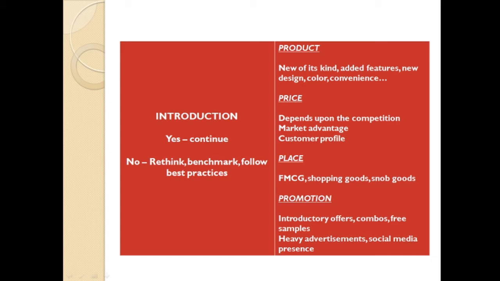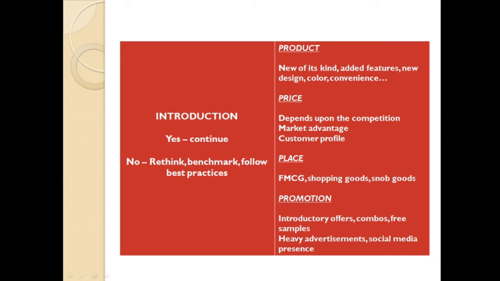And when you go for place, it depends upon the nature of the product. Everybody knows the distribution depends directly on the nature of the product or type of goods we serve, whether it is fast moving consumer goods or snob goods, it depends where you want to play. Normally in the introduction stage, I will have only a few markets, so I will go for a restriction in the distribution area.